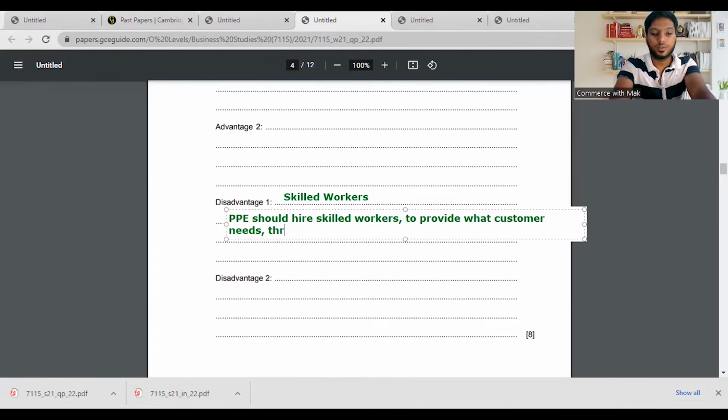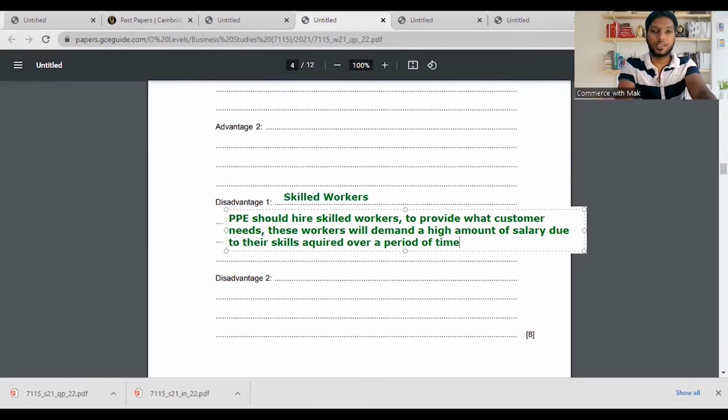These workers will demand a high amount of salary due to their skills acquired over a period of time. So these are the answers you can write when it comes to skilled workers.